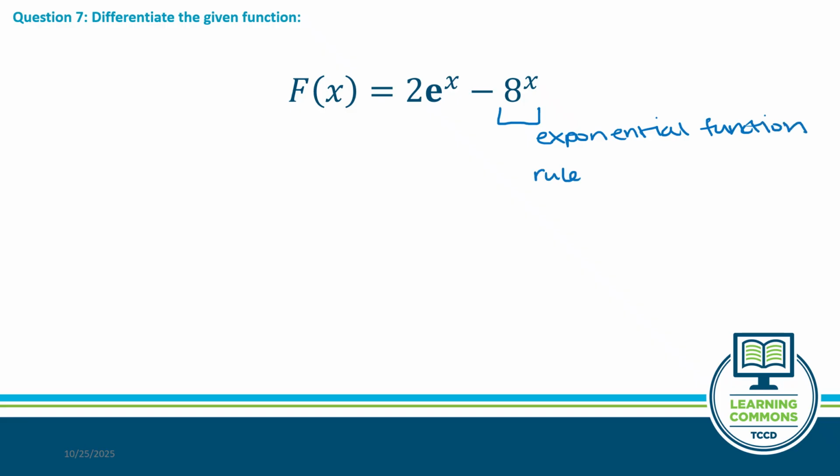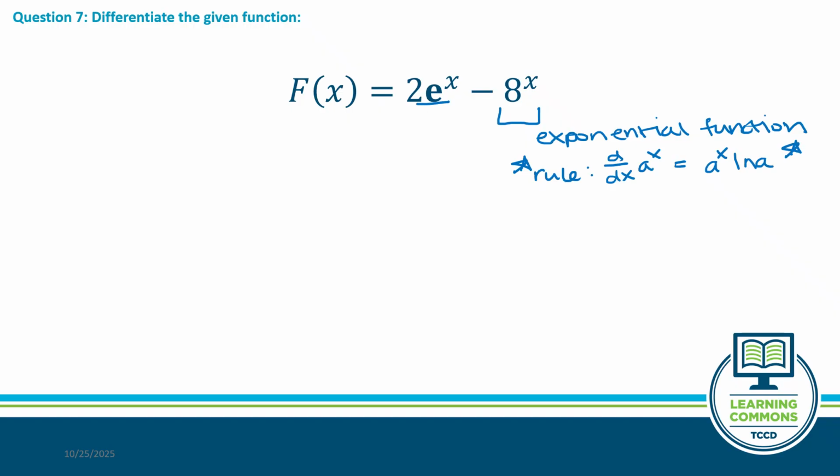This rule is going to be d/dx of a to the x, and that's going to be a to the x ln a. Okay? So this rule, again, live it, love it, learn it, get really, really good at it, because I know you guys know e to the x, I know you guys know ln x, those are simple. The ones you guys need to be careful on are these.